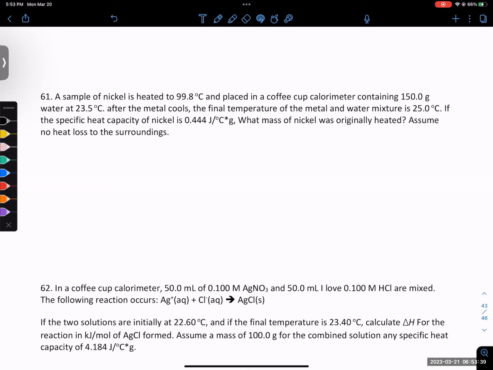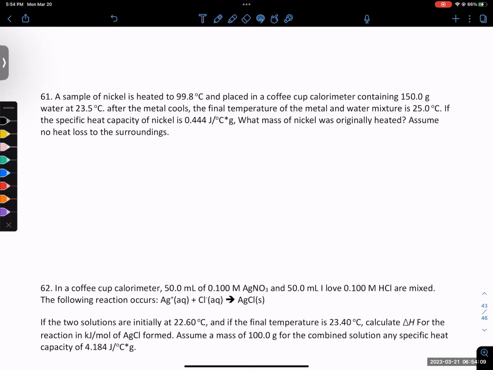So if you're not sure where to start, maybe you can just identify what's losing heat or what's losing energy and what's gaining energy. If you can do that using a plus and minus sign, try that and work from there. The thing that's gaining energy would have a plus sign and it's equal to the thing that's losing energy, denoted with a negative sign.